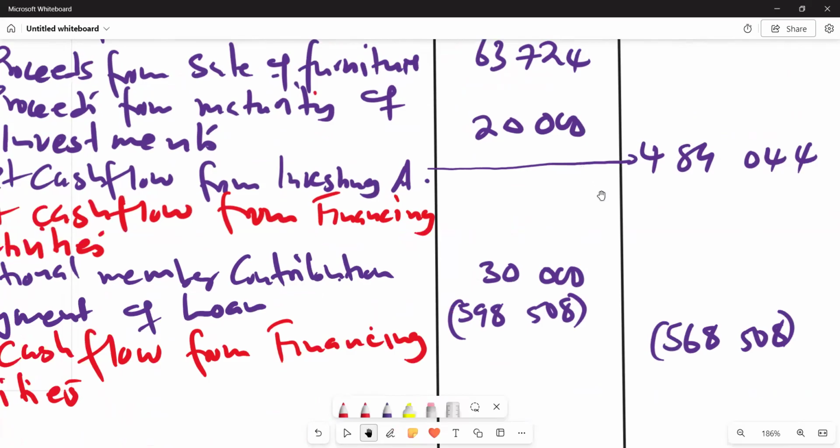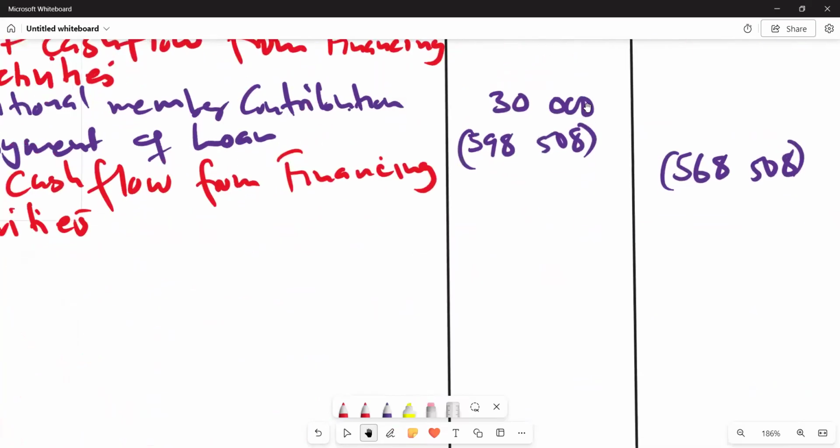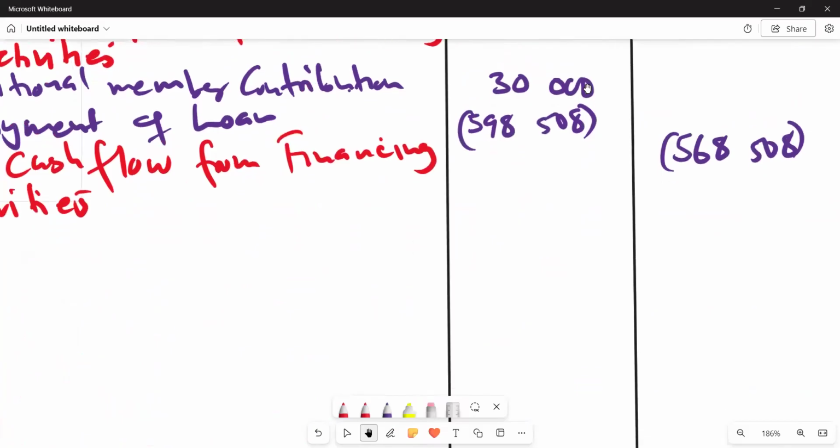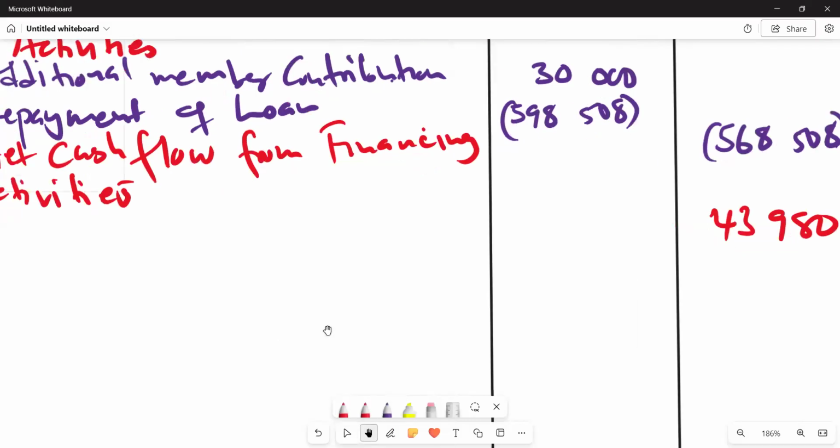Then the final figure that we are going to get there will indicate an increase or decrease in cash. But we'll see that the figure that we're going to get there is going to be a negative, which is 43,980. And here we're just going to give a description of decrease, because the figure that we got there is a negative, so it's going to be in brackets, and here we are saying decrease.